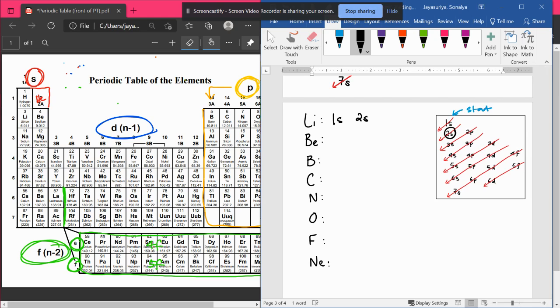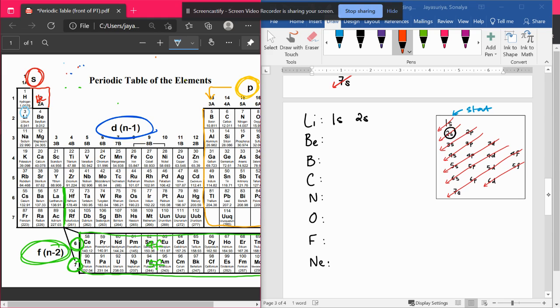Okay? Now, lithium has 3 electrons. That's on your periodic tables. How do I distribute those electrons? I distribute them based on the number of electrons that each type of apartment can hold.